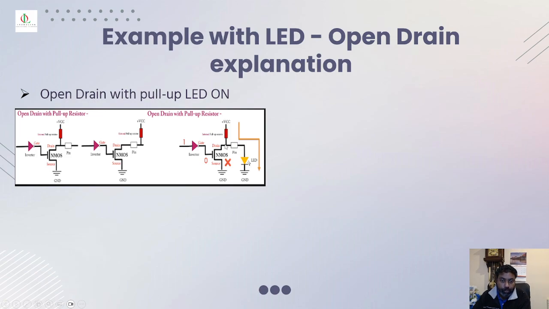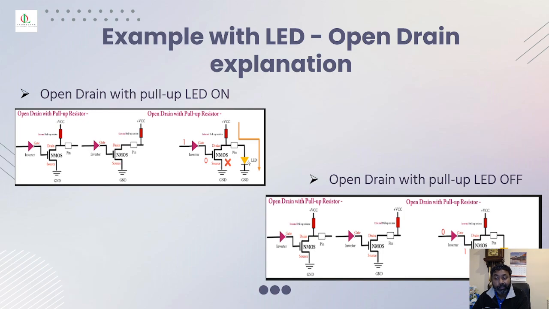Therefore, the voltage will be allowed into the LED, so that makes the LED come on, as bright as your eyes can see. So that's the purpose of the pull-up resistor here. Even though it's an open drain, if you put a pull-up resistor, it does its job to keep the LED on.